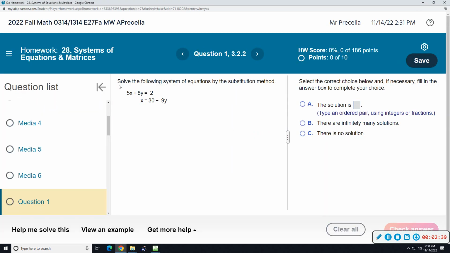It says, solve the following system of equations. System of equations just means 2 or 3 equations. What we want to do is find the point of intersection. Let me write this one down, and then we're going to use this method called substitution. Problem 1. 5x plus 8y equals 2.